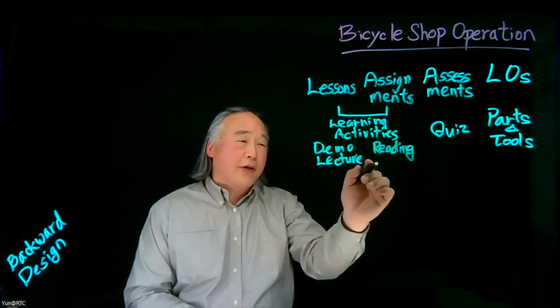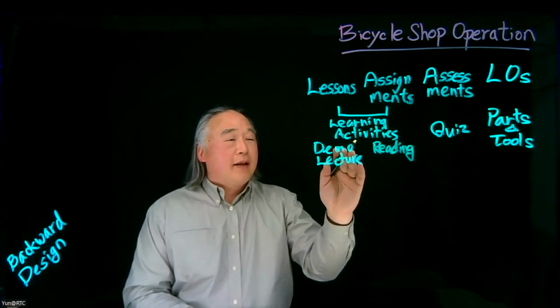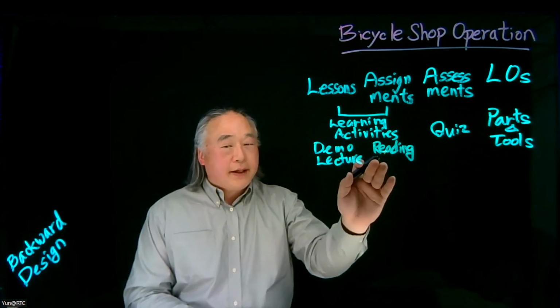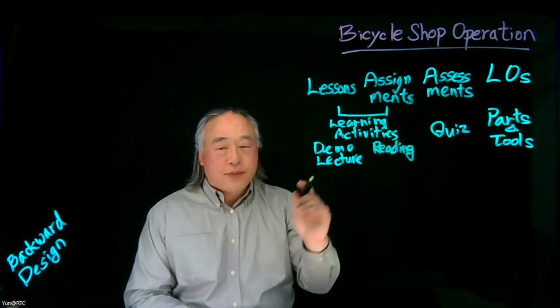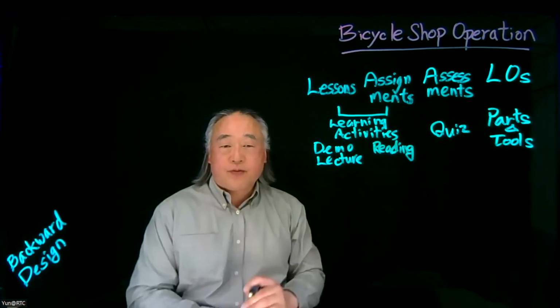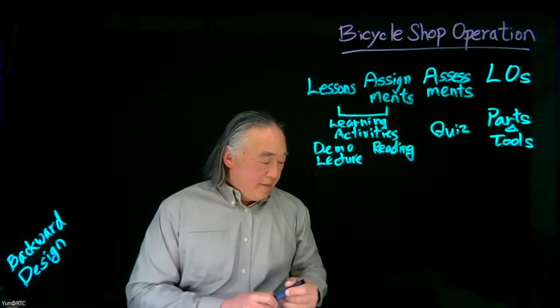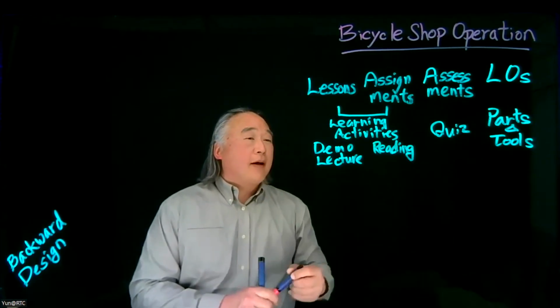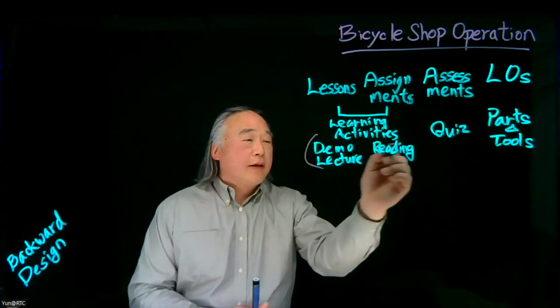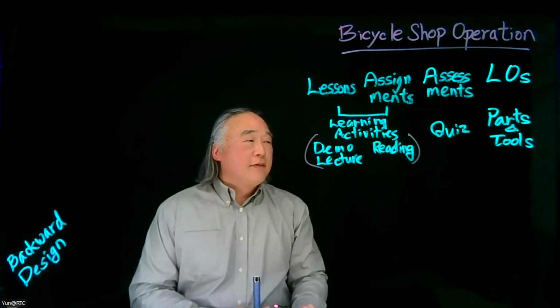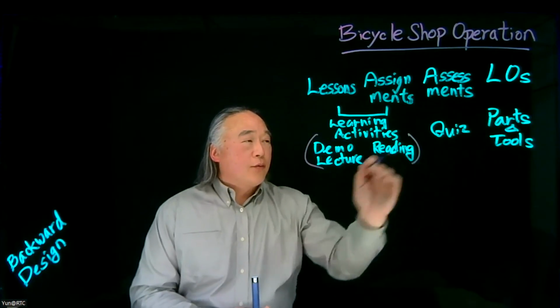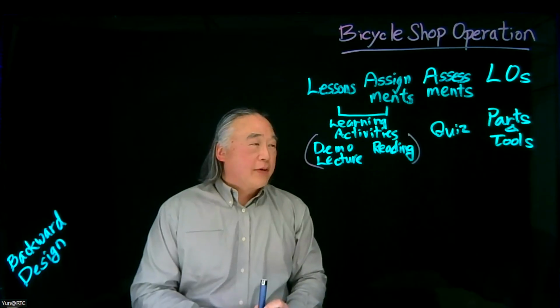So that could be learning activities. And so they'll have textbooks, they'll have PowerPoint presentations, and maybe even recordings of lectures. So the students will have a fairly comprehensive understanding of what we are looking for in terms of learning outcomes.